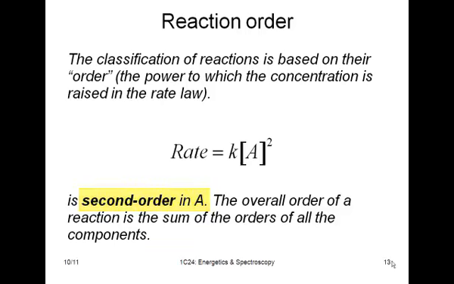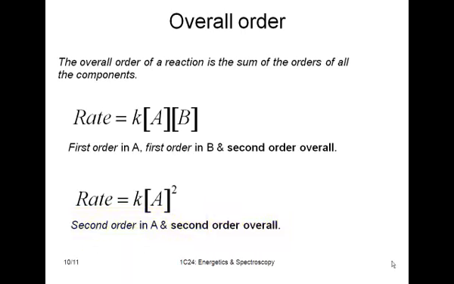It's also second order overall, because the way that you define the overall order of a reaction is to sum up the orders of all of the components. So, for example, in the reaction we spoke about first, where we had A plus B going to C, the order is first in A because it's raised to the power of 1, first in B because it is raised to the power of 1, and it's an overall second order reaction.